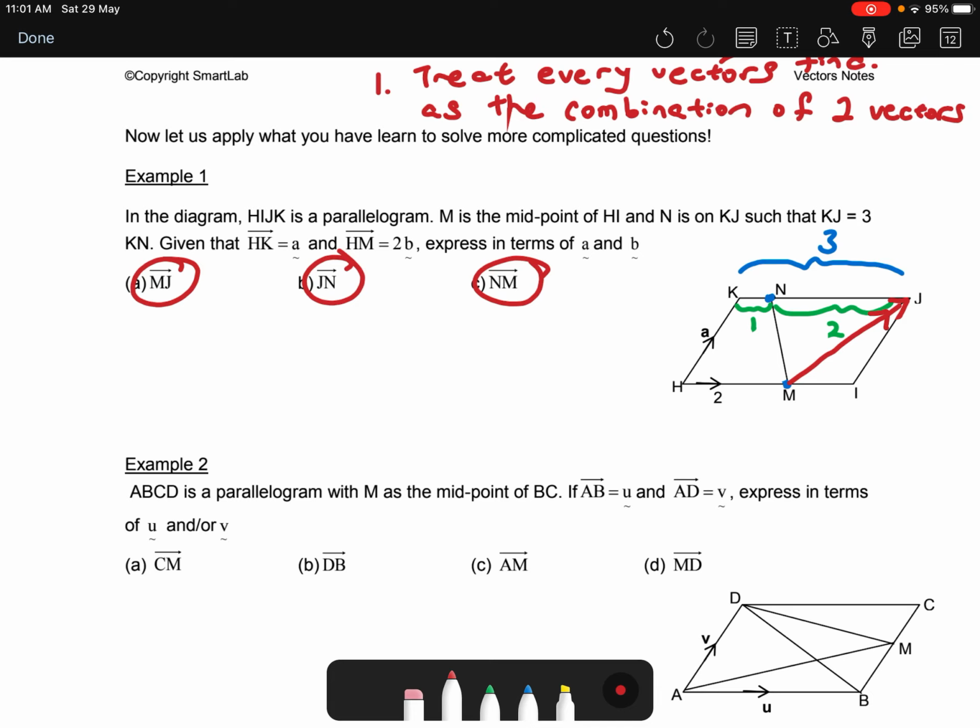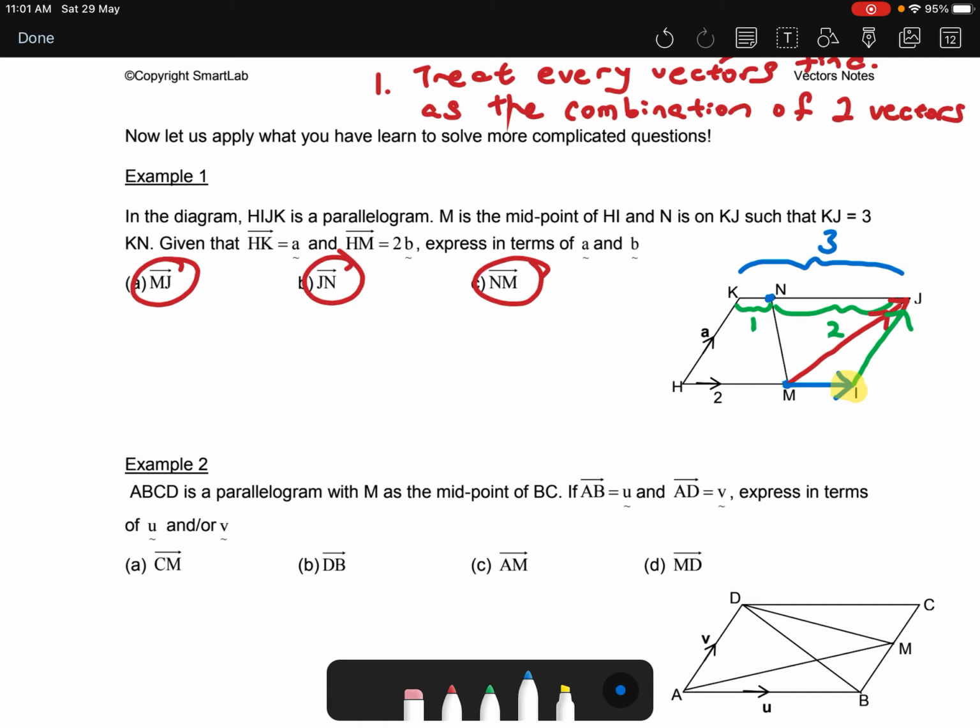What two vectors will combine to get MJ? Very simple, this vector and this green color vector. Remember, the head must be connected to the tail. So what is MI?